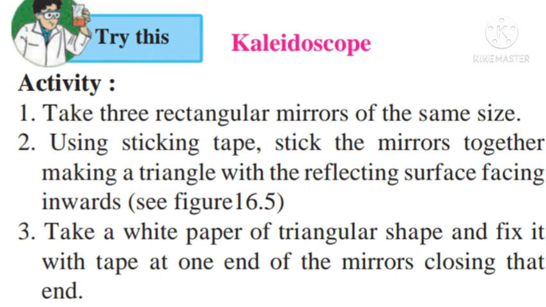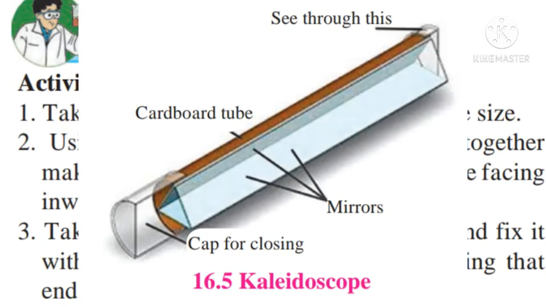Kaleidoscope. Try this activity. Take 3 rectangular mirrors of the same size. Using sticking tape, stick the mirrors together, making a triangle with the reflecting surface facing inwards as shown in the picture.